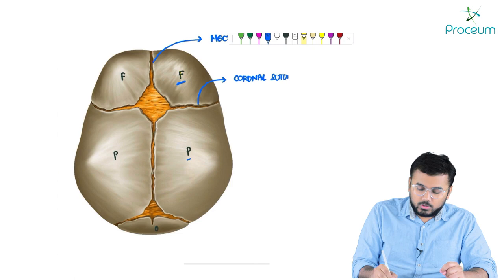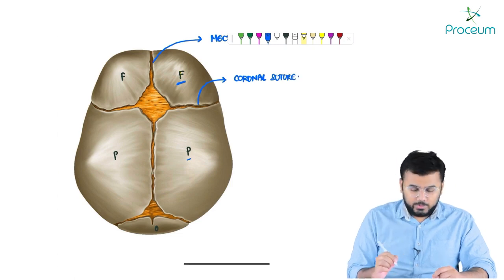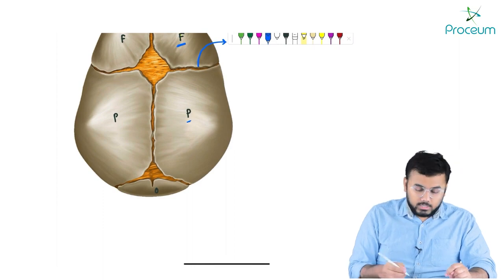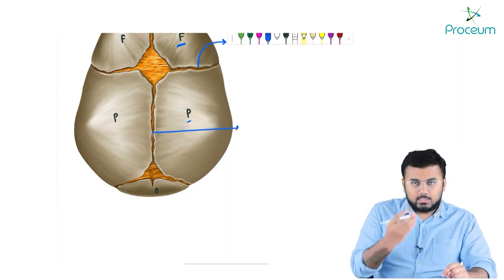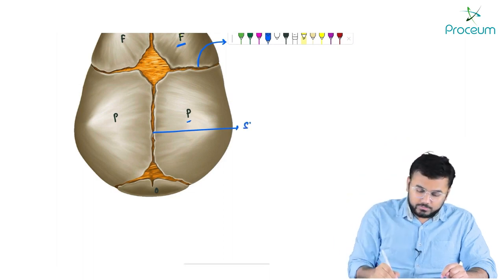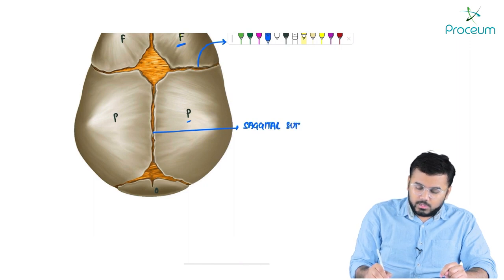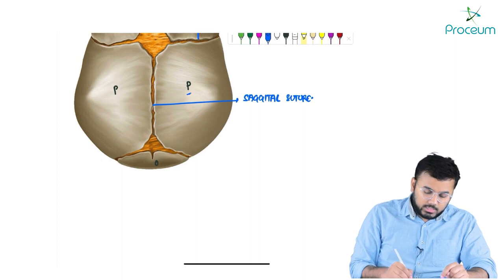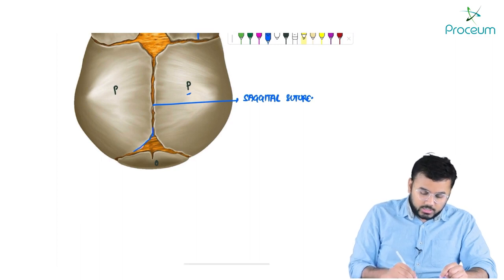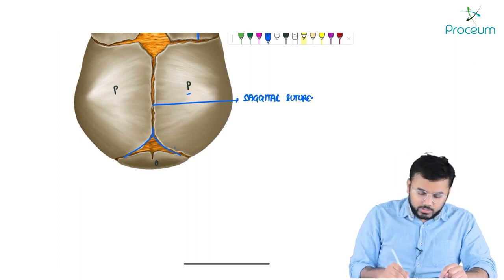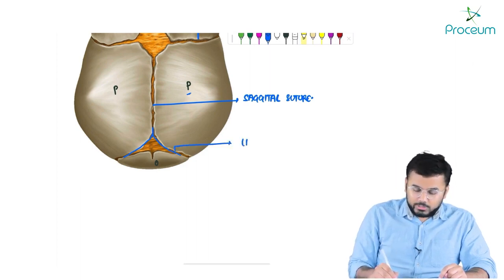Between the two parietal bones, this straight suture is called the sagittal suture. And next you see another suture here with a lambdoid shape, so this suture is called the lambdoid suture.